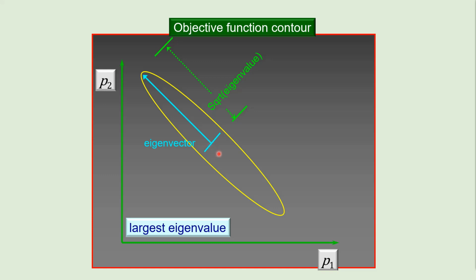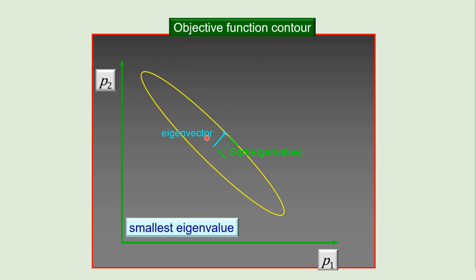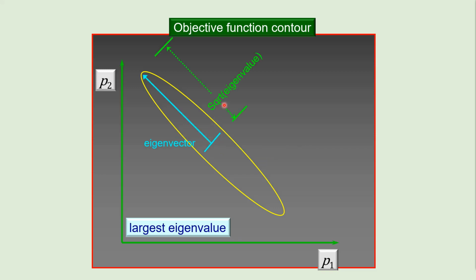So if we've got a two-parameter problem, we've got two eigenvectors, one pointing in the long direction of this elongate ellipse defined by objective function contours, the other pointing in the opposite direction. And the square root of the eigenvalue is proportional to the length of the semi-axes of these ellipses.